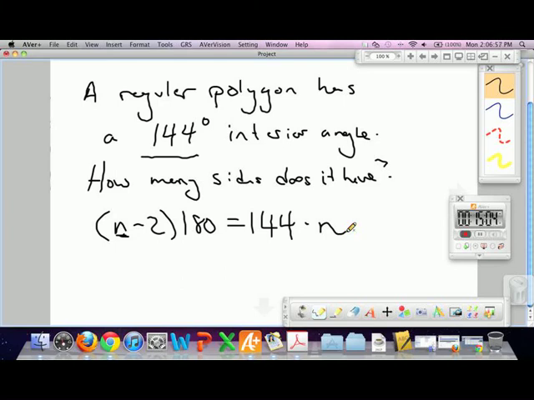Oh boy. Well, what could we do to solve this? Once you're here, now it's a nice little algebra problem. Distribute out. You get 180n minus 360 is equal to 144 times n.